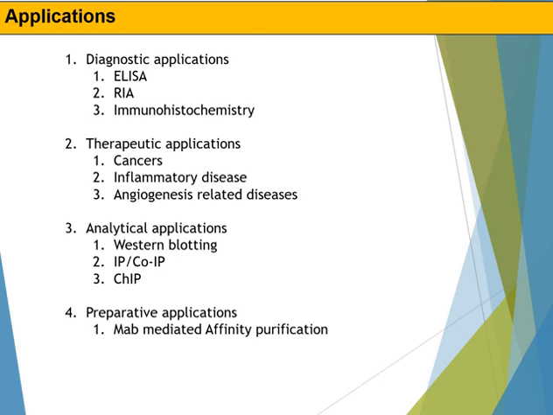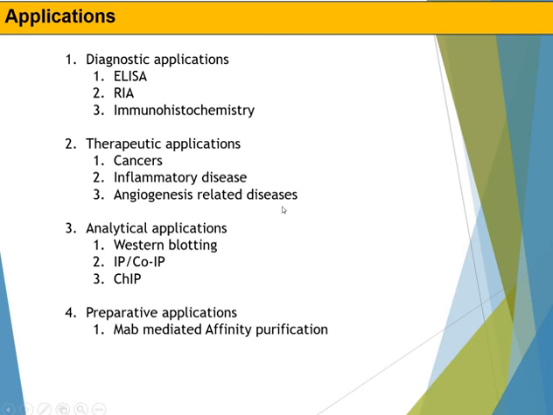Then against different inflammatory diseases like arthritis, where you need to control inflammatory molecules like TNF alpha, antibodies against TNF alpha or other pro-inflammatory molecules are used for neutralizing them.